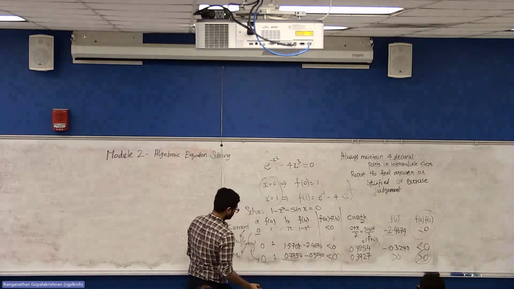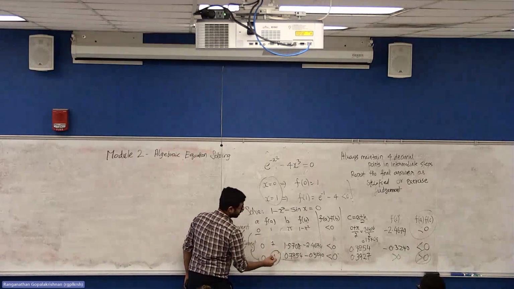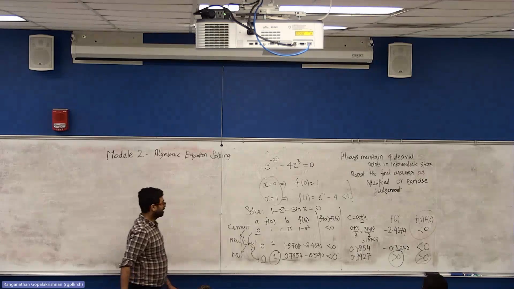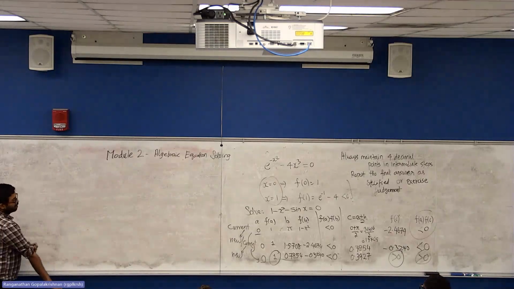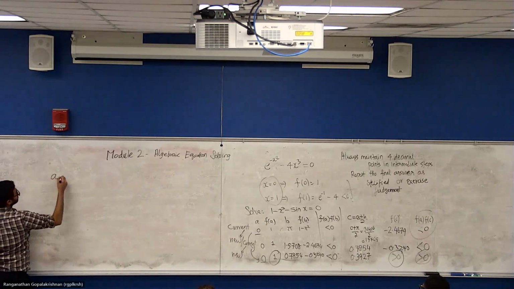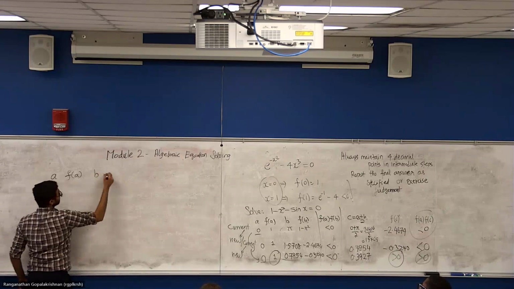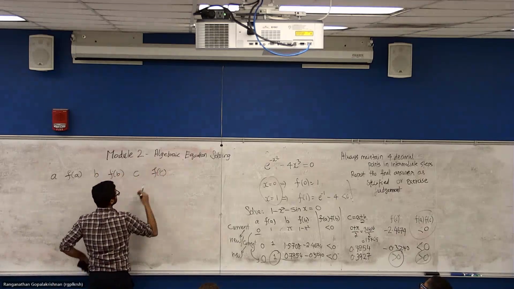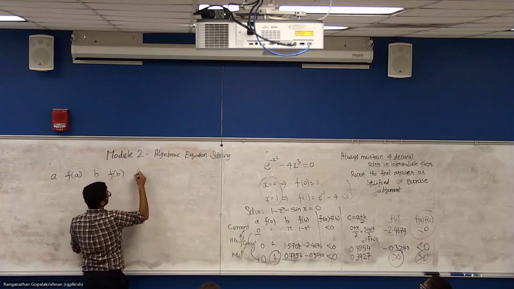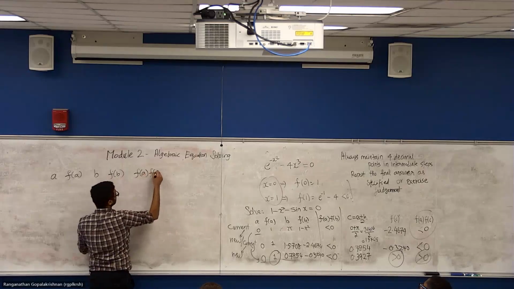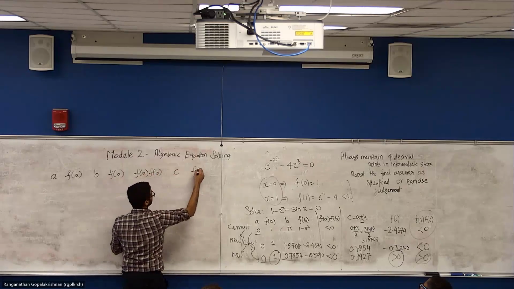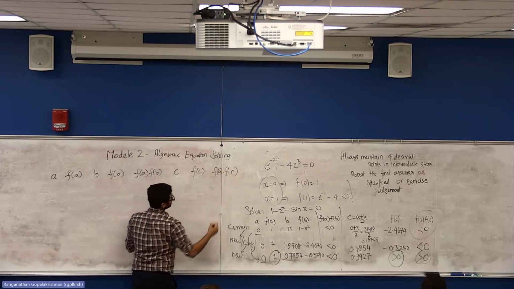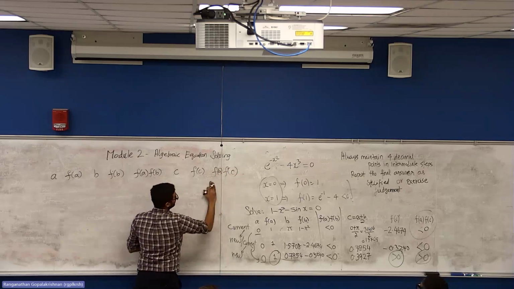If both f of a and f of c are of the same sign, what's the next step? If the product of f of a and f of c is positive, what's the next step?